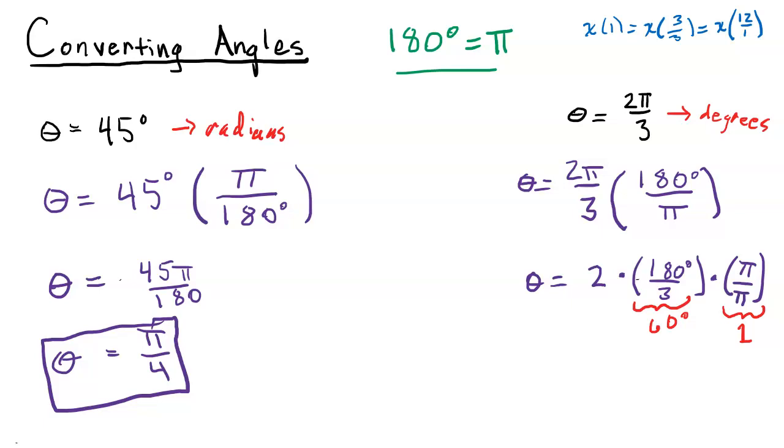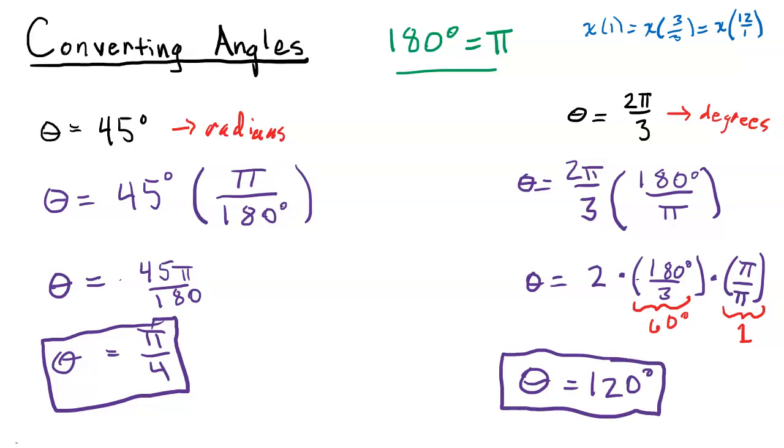So then our final answer is 2 times 60, which is theta is equal to 120 degrees. And now we have two equivalent angles, 120 degrees and theta equals 2 pi over 3, but they have different units. And this is all that it takes in order to convert angles between degrees and radians.